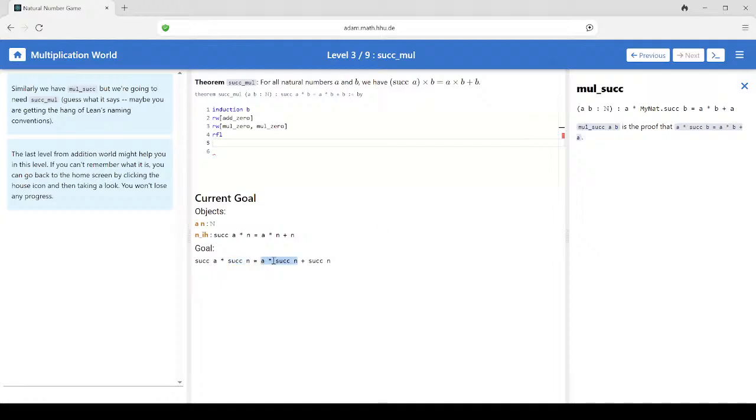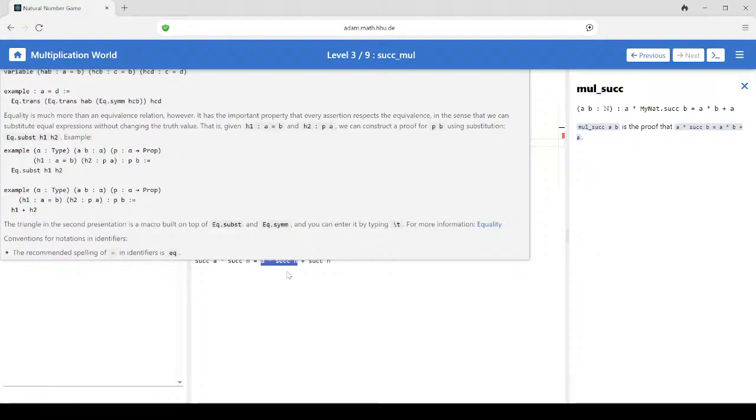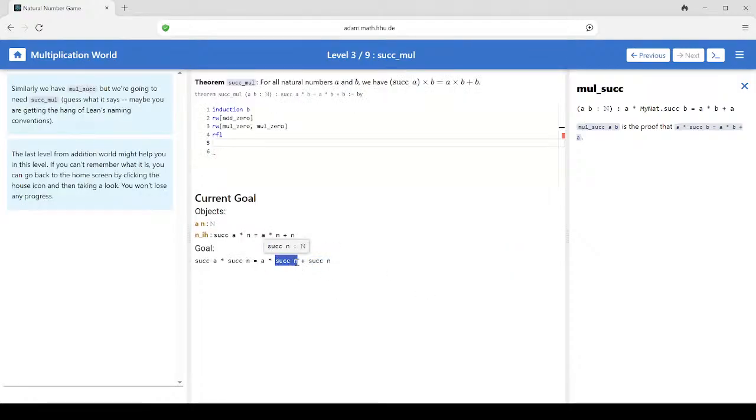I could use this. This one would work on this one here. Geez, if you highlight things. Wait, what? Oh.